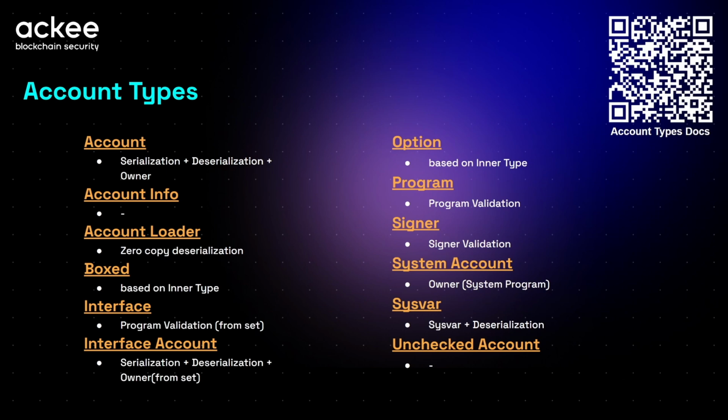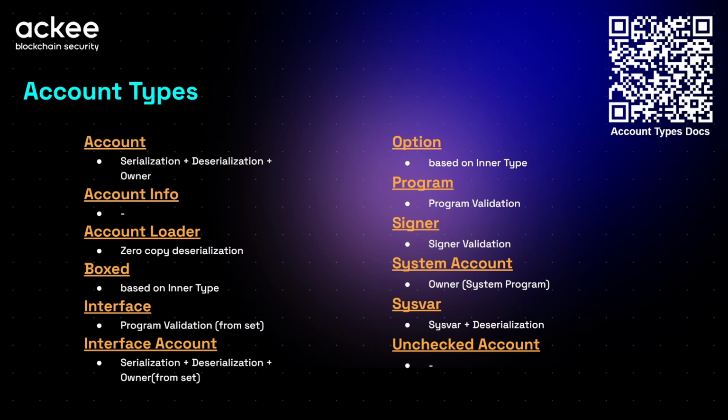First is Interface, which is program validation, but from a set. That means instead of, I will describe it with an example. A good example is Token and Token 2022. Token 2022 is basically an extension of Token, and so if you would like your program to support both, you can define the token program that you expect within your instruction as Interface.